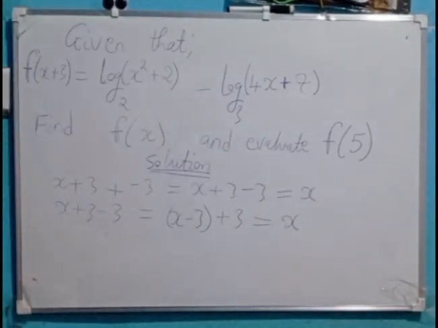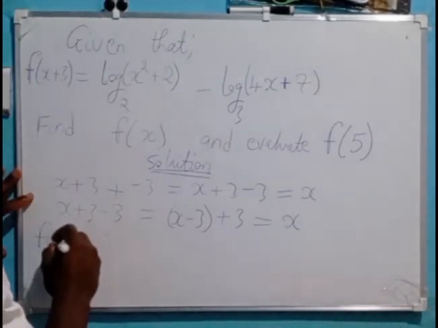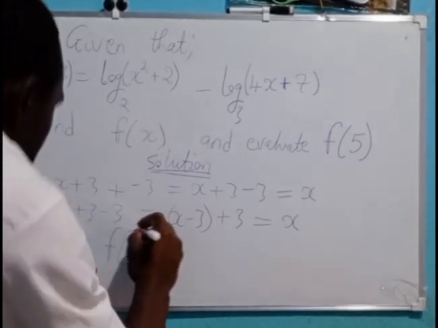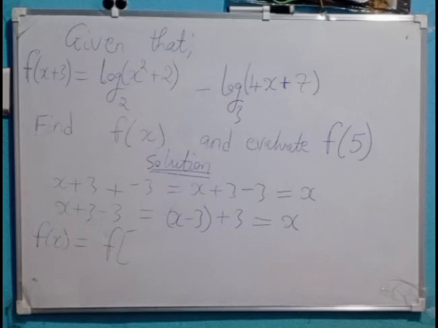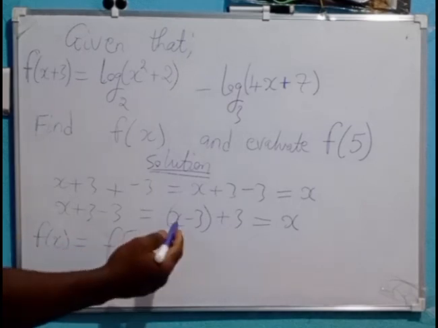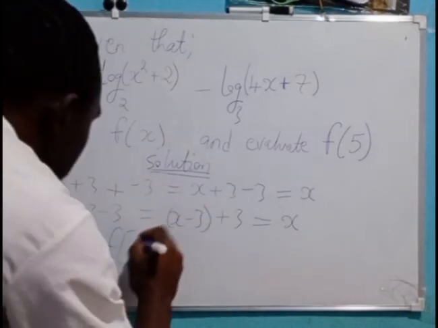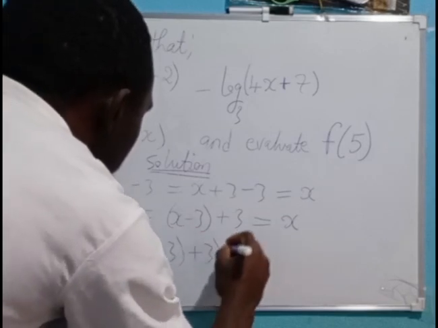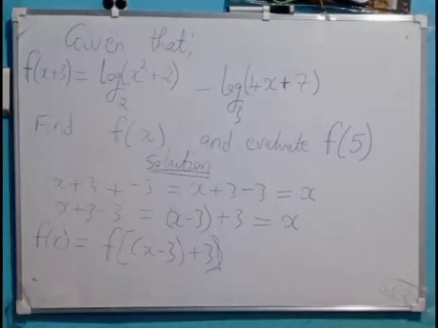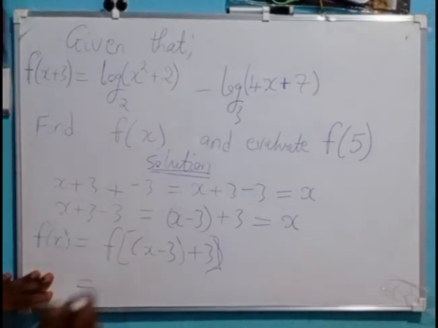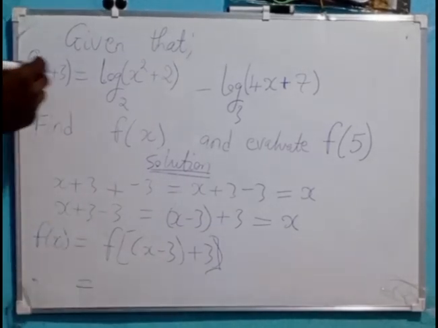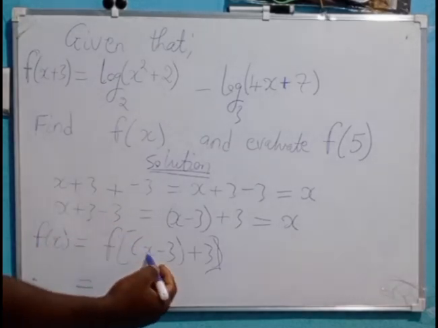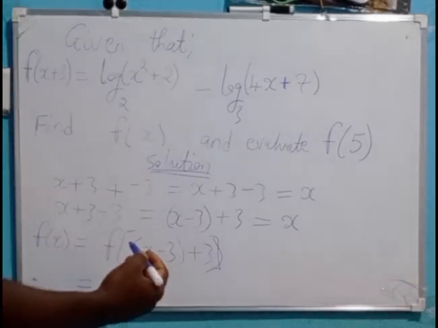For us to get f of x, it will simply be equal to f of, we are going to replace x with x minus 3 plus 3. It simply means in the function f of x plus 3, anywhere we see x, we are to replace x with x minus 3.